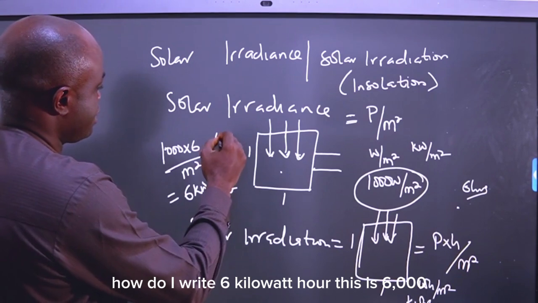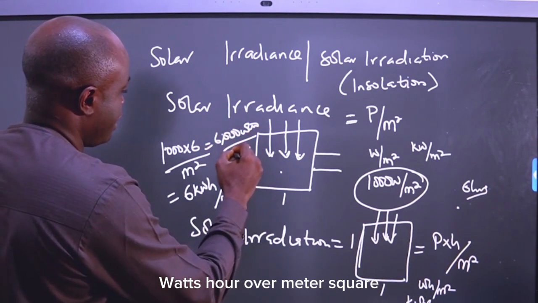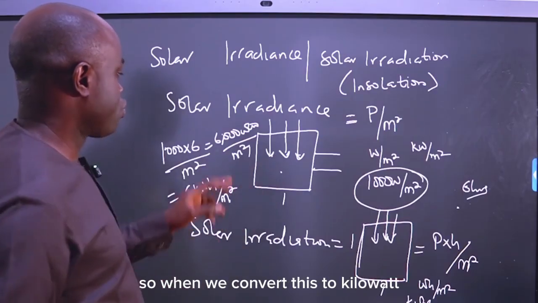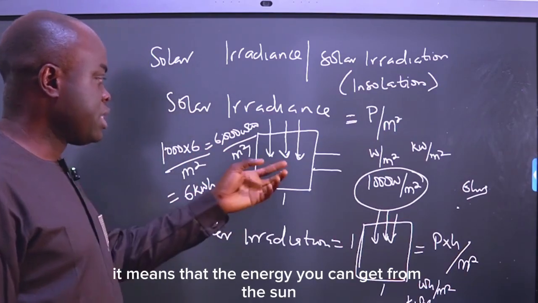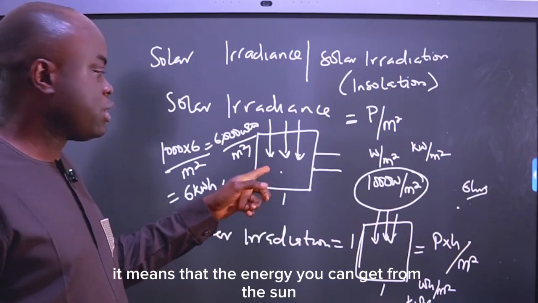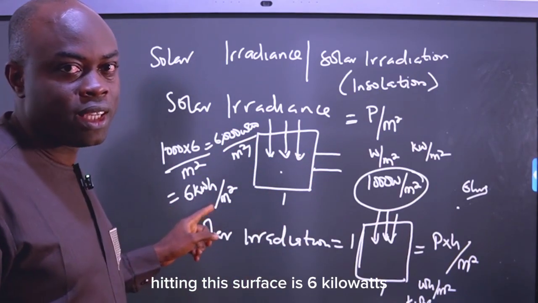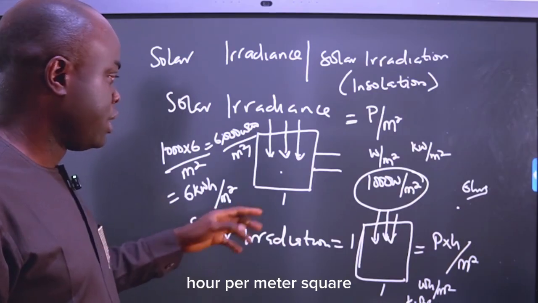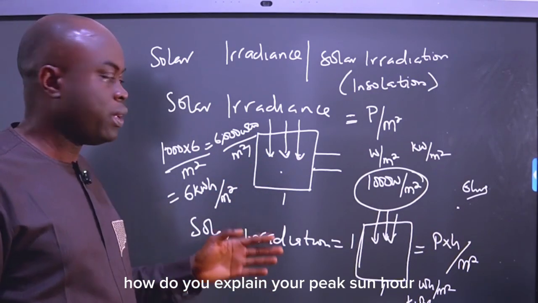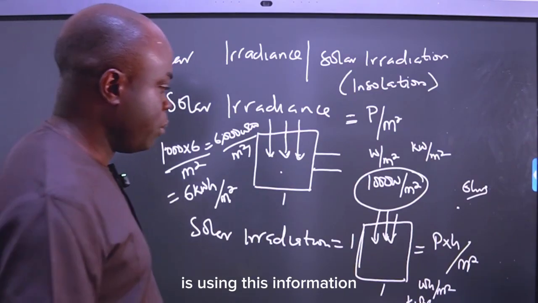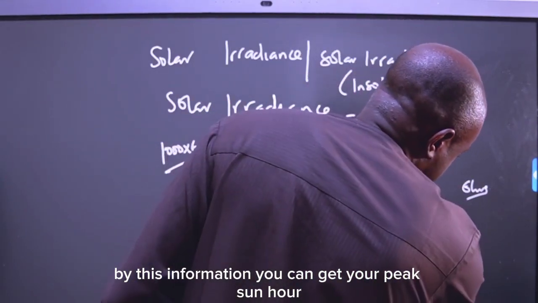This is 6,000 watt hours per meter square, and when we convert this to kilowatts, it gives us 6 kilowatt hours per meter square. It means the energy you can get from the sun hitting this surface is 6 kilowatt hours per meter square. This also describes your peak sun hour. How do you explain your peak sun hour? It's using this information that you can get your peak sun hour.